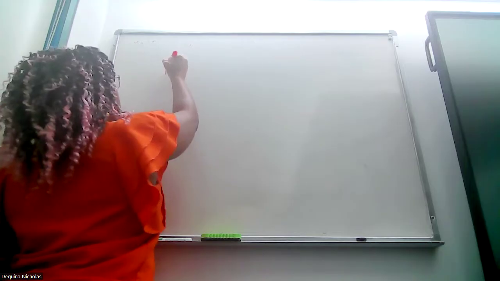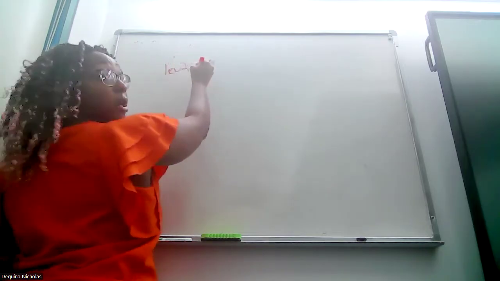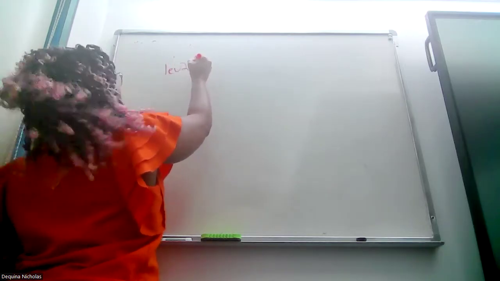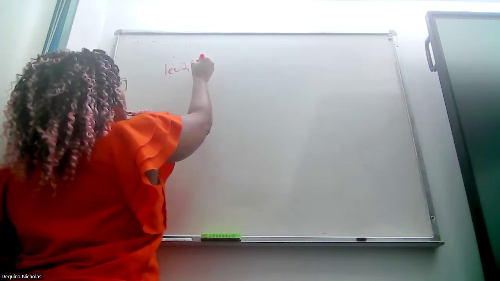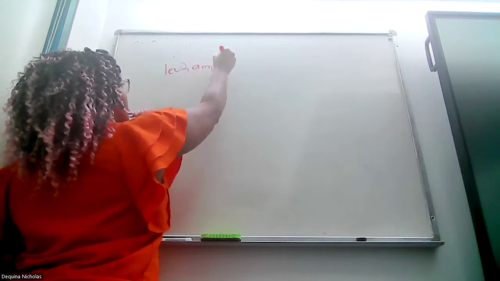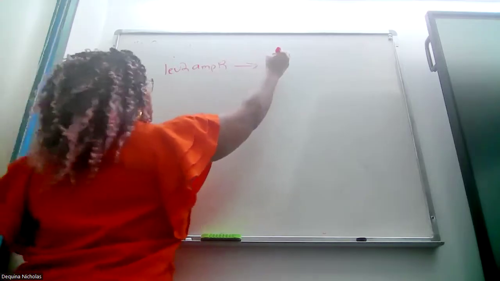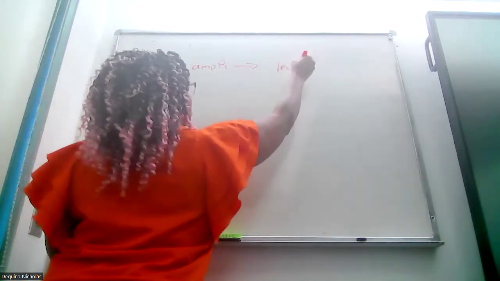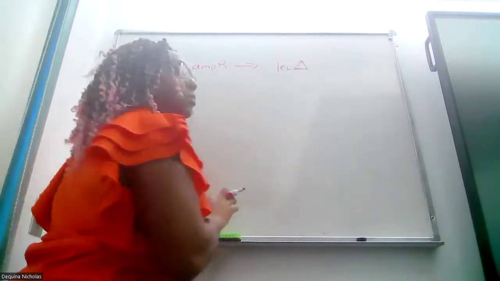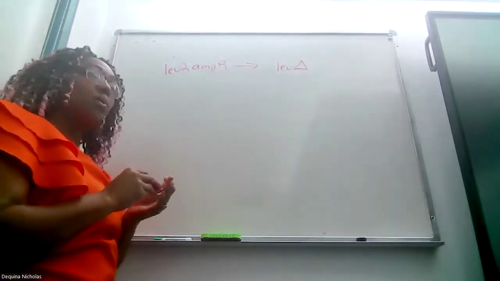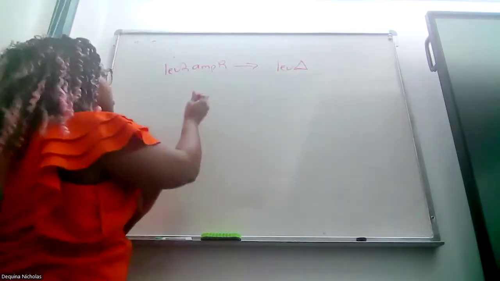Okay. So we're adding in the LEU2 gene, correct? And ampicillin resistance. We're transforming it into this auxotroph. And then the question stem is asking you what media? What are our answer choices?